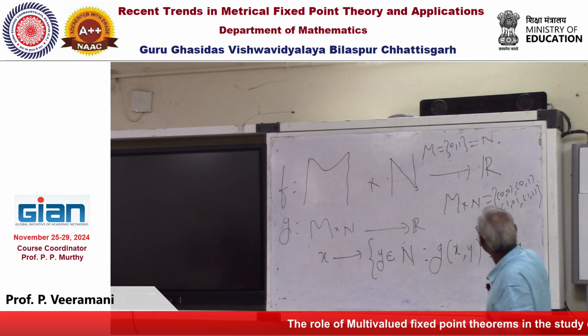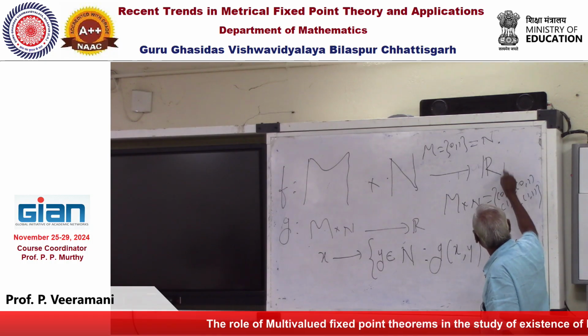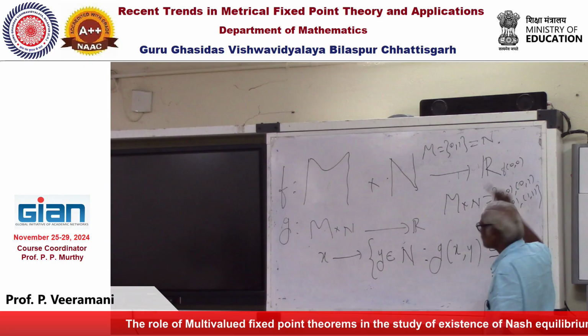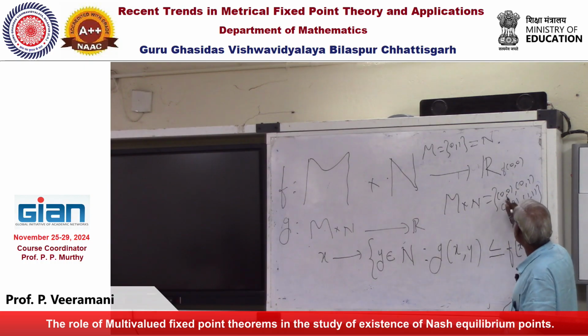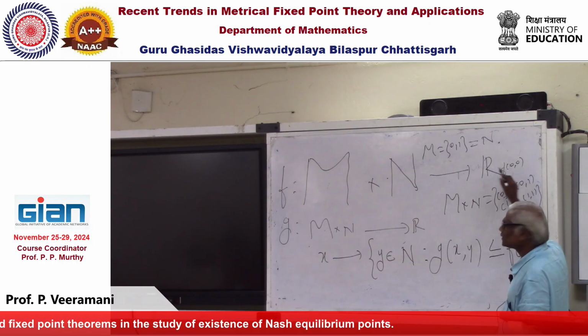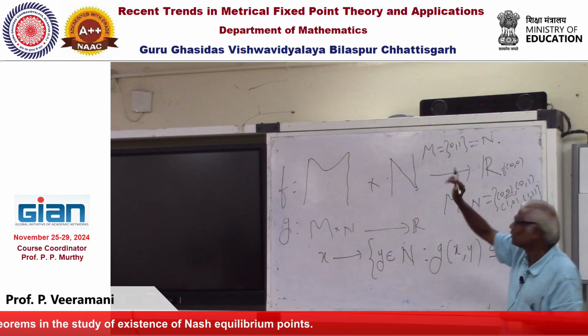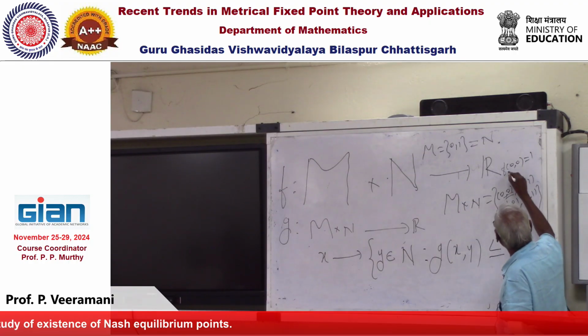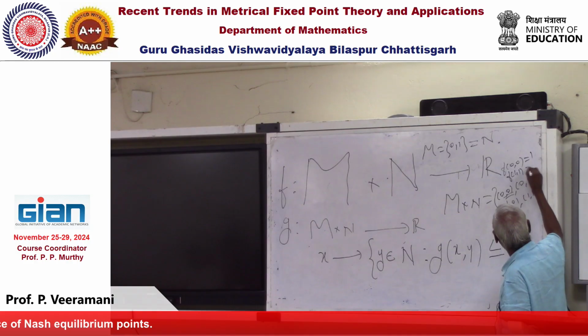That means if the first player selects f of 0, 0 is some number. So let us say both are getting the same. The first player will get, say, 1. F of 1, 1 is also 1.